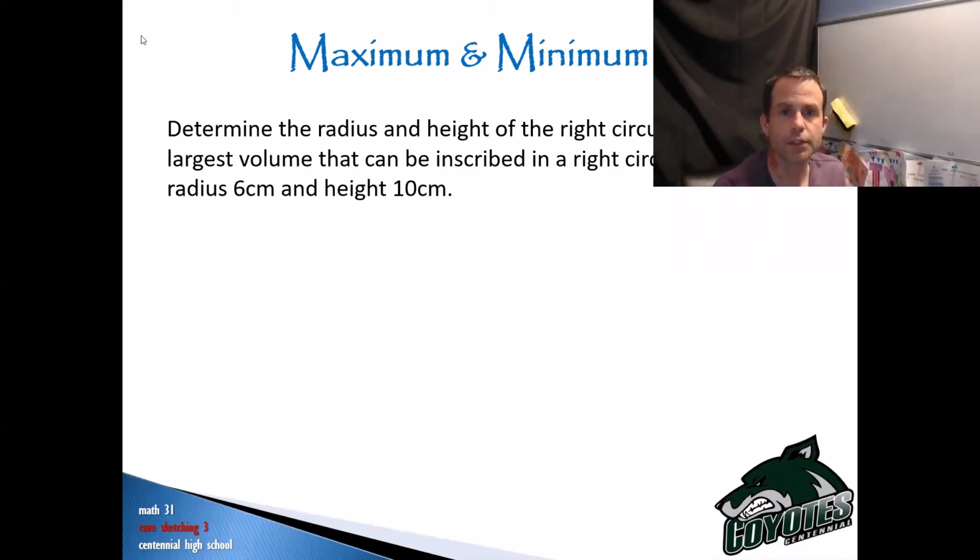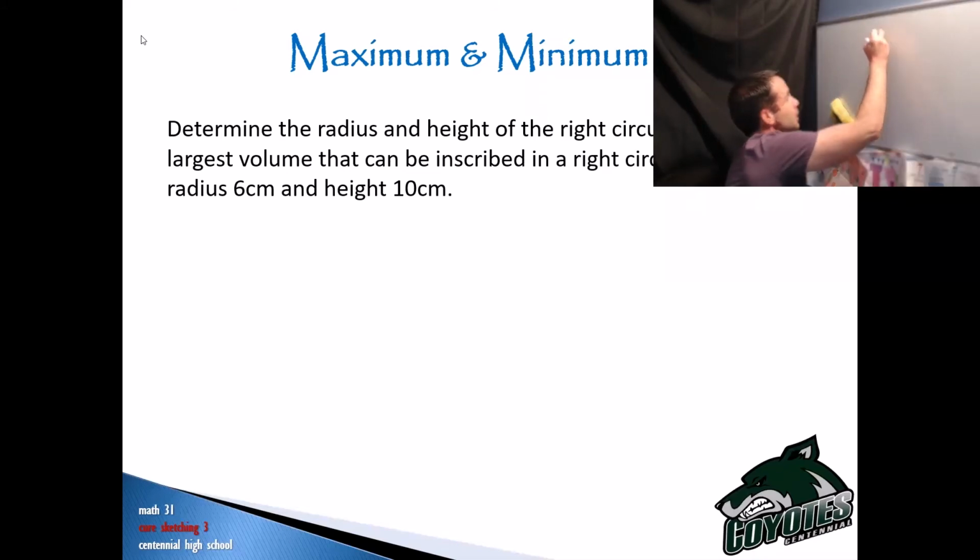Okay, determine the radius and height of the right circular cylinder of largest volume that can be inscribed in a right circular cone of radius 6 centimeters and height 10 centimeters. So what do I have? Well, I've got a cone where I know the radius is 6 centimeters and the height is 10 centimeters.